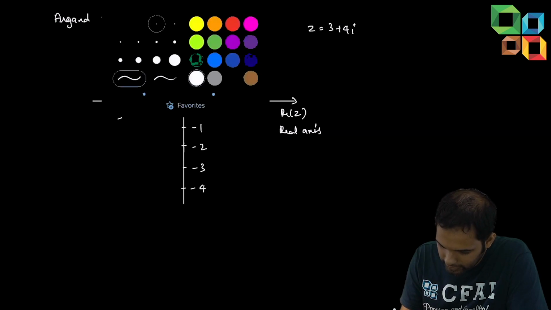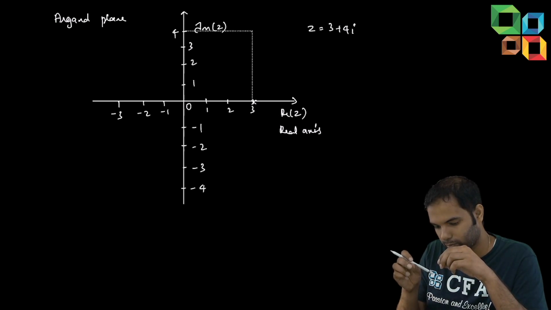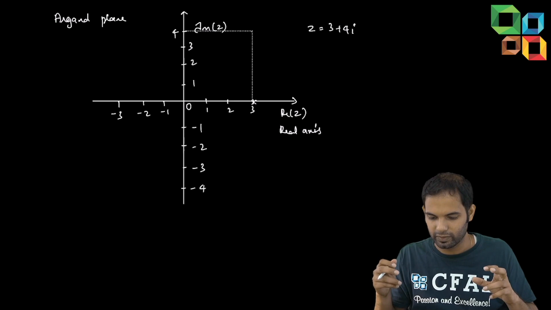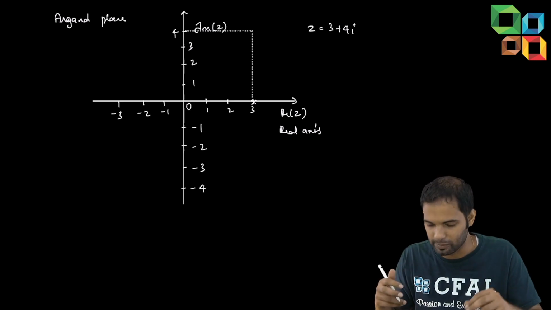So if I have to draw this, you can see 3 goes here, 4 goes here. These are not lines that I'm drawing. I'm just trying to show you the point. Like our coordinate system, instead of having numbers in x and y, we are having x as the real part and y as the imaginary part.